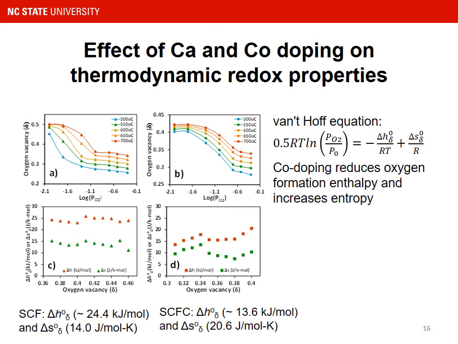It shows that with the calcium-doped sample, the reduction enthalpy is around 24 kJ per mole, which can be reduced by co-doping calcium and cobalt to 13 kJ per mole. It shows that with doping of cobalt, we can further enhance the oxygen release.